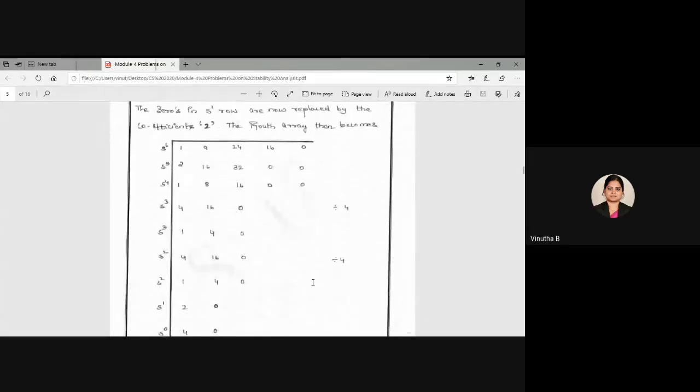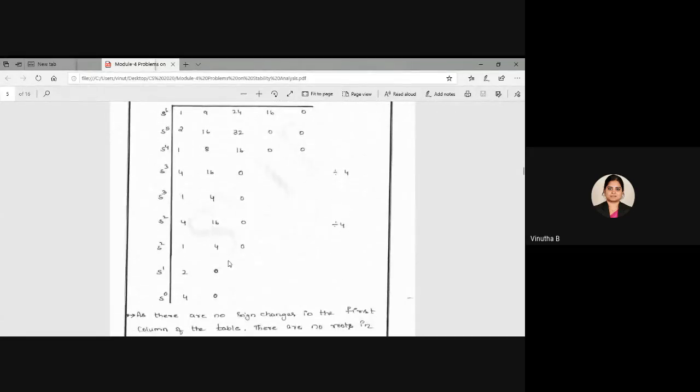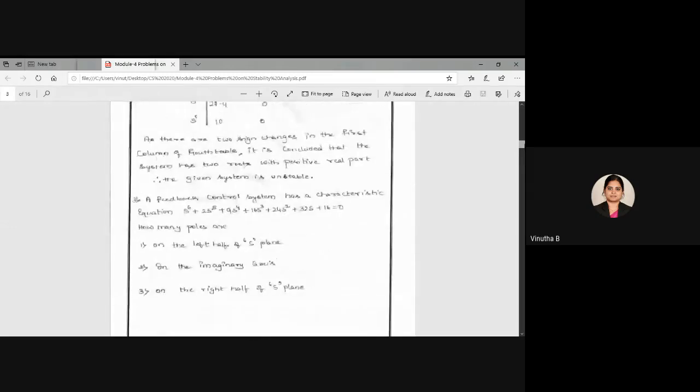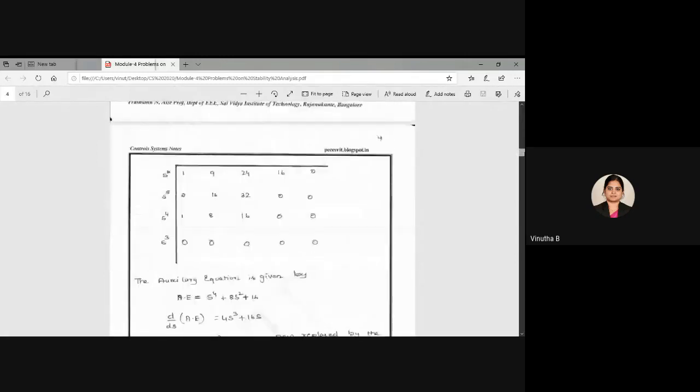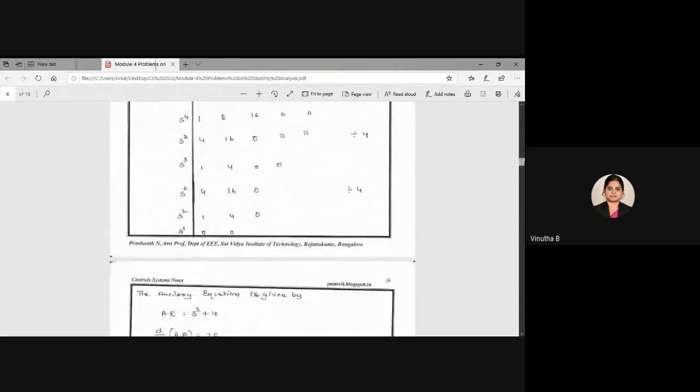So you can see here the route array then becomes what? This becomes 2 and this becomes 0. And then this will be just what? You can see in the problem the last value. Okay, so they have taken this, I guess, if I'm correct.